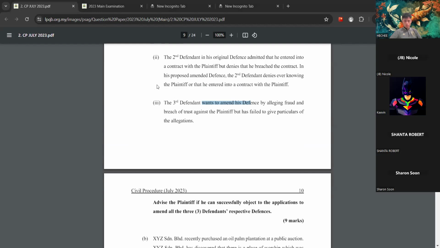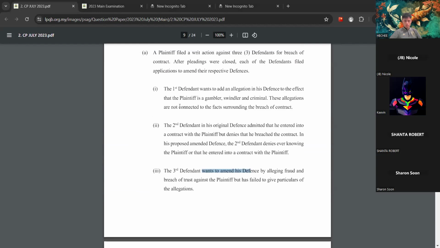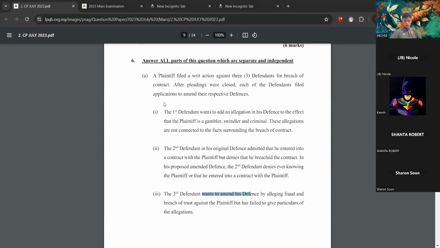Before I give you the final answer, can you all explain why you say allow or disallow?